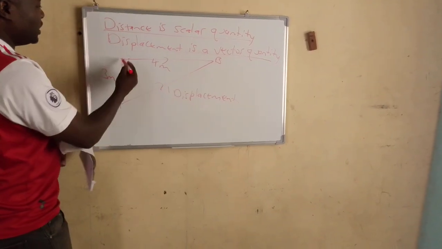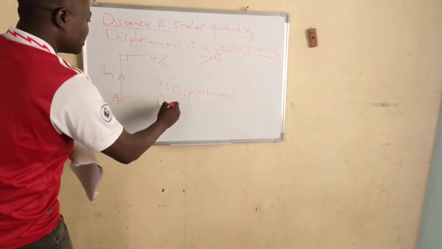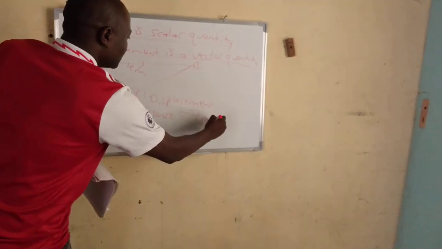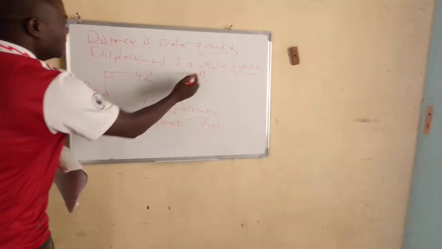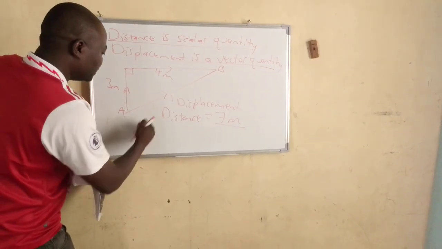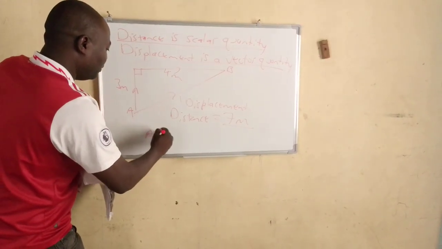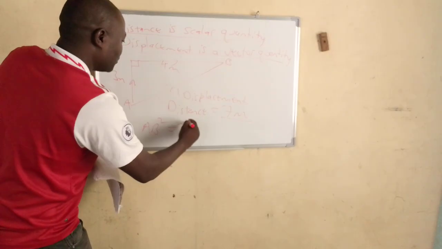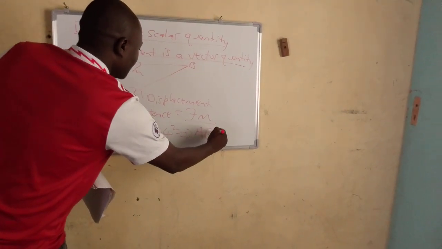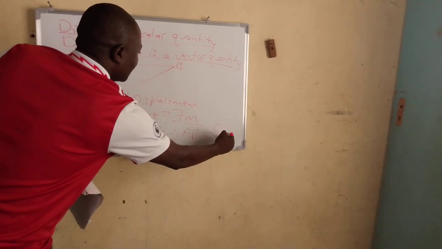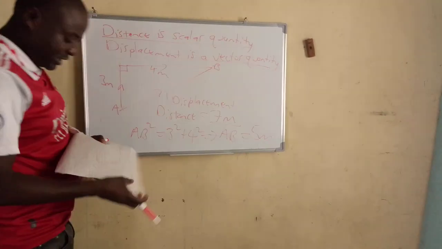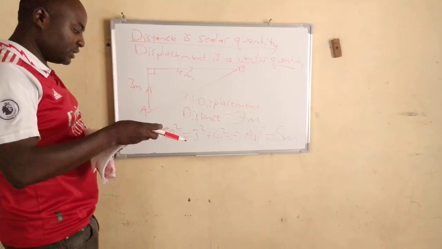Again, the distance is the total path length followed. So distance is equal to 7 meters. Now displacement is calculated vectorially. So AB squared is equal to 3 squared plus 4 squared, which brings us to say AB is equal to 5 meters. So displacement there is 5 meters, total distance is 7 meters.